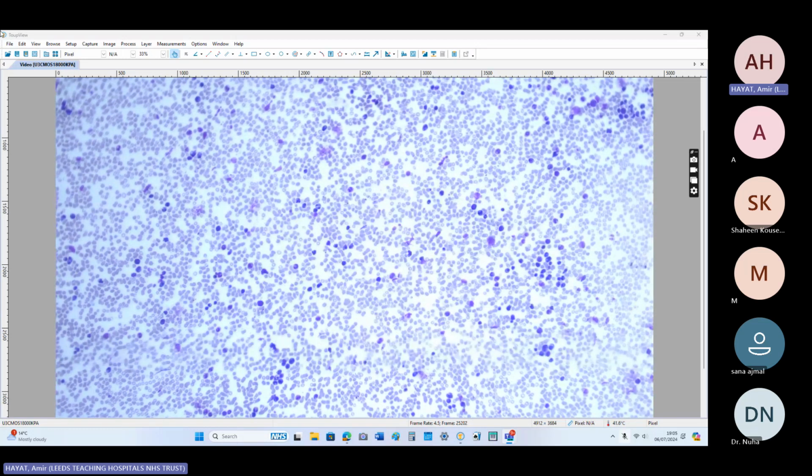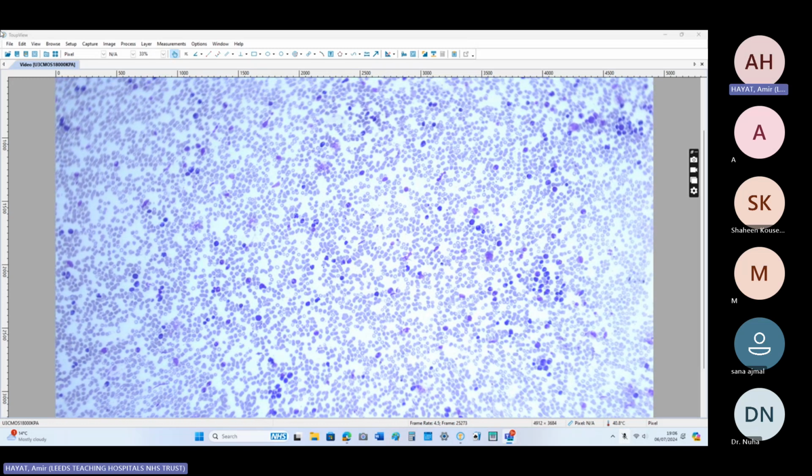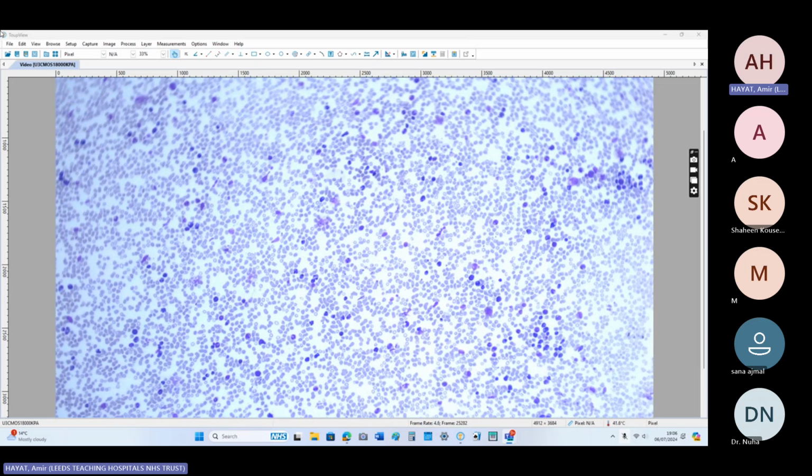There is no other lymphadenopathy, but this is the only big mass in his left inguinal area. The full blood count shows high white cell count, and the blood film is in front of you. Patient has significant constitutional symptoms.